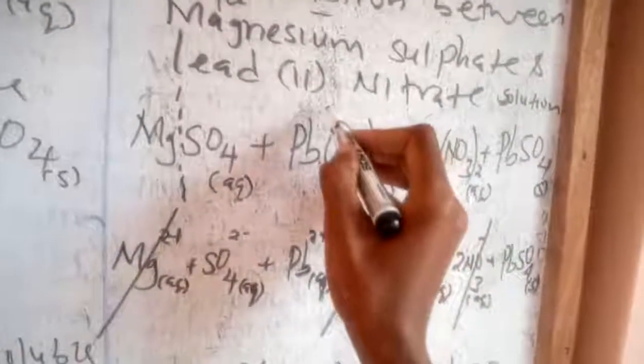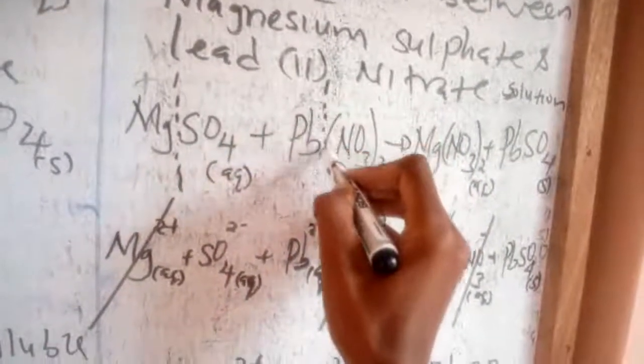In the same case, the lead ions separated from the nitrate ions, so that the lead ions finally reacted with sulfate ions to form lead sulfate salt. So the active ions, the ions involved in the chemical reaction, were the lead ions and the sulfate ions.